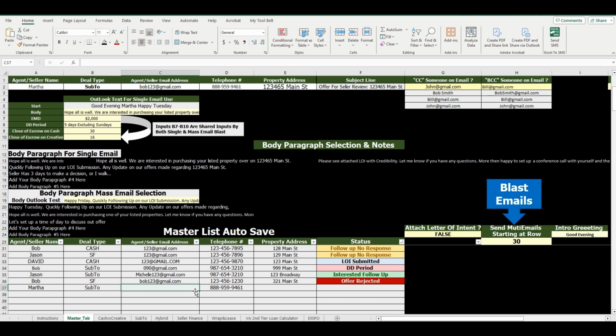You can contact a brokerage. You can try doing a quick Google search. There are many methods to pull the email address for an agent or seller. In this case, let's put in Martha123@gmail.com.